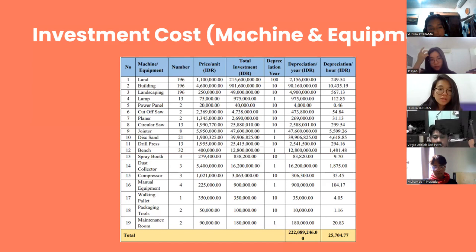We calculated the number of each machine, and also the price and total investment, and we also took into account the depreciation per year and the depreciation per hour. As you can see, the total depreciation per year is 222 million 89,246 rupiah.